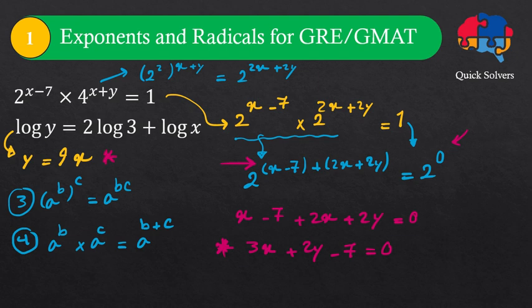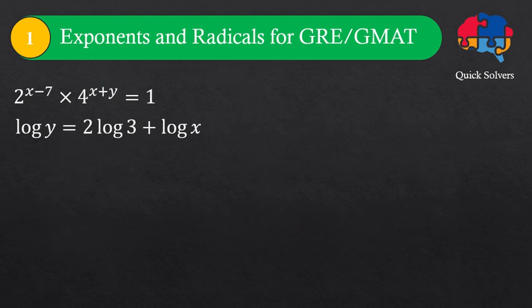Now, just consider this one and this one. We have further simplified equations. Instead of the original two, we have y equals 9 times x and 3 times x plus 2 times y minus 7 is 0. And it's time to simply replace y by 9 times x.